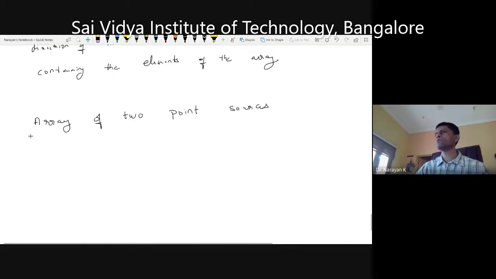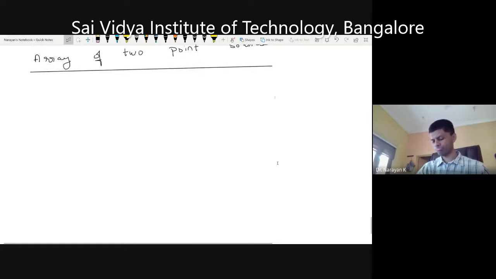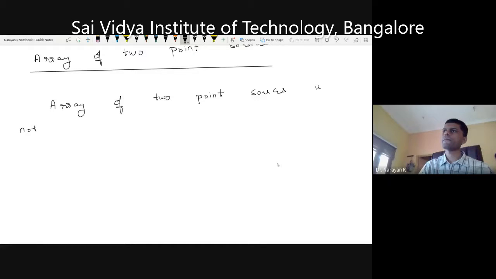Array of 2-point sources is nothing but an array of 2 isotropic radiators.